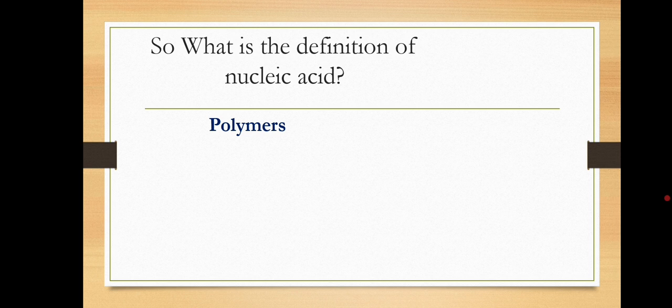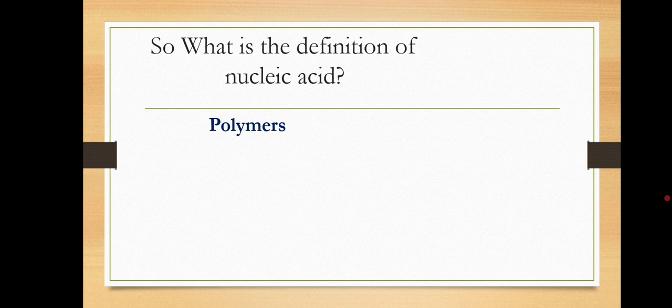For example, a train. A train has many coaches, isn't it? These coaches are small units. They all look the same. They are repeating. So a train is a polymer. These coaches are small units which are repeating continuously.